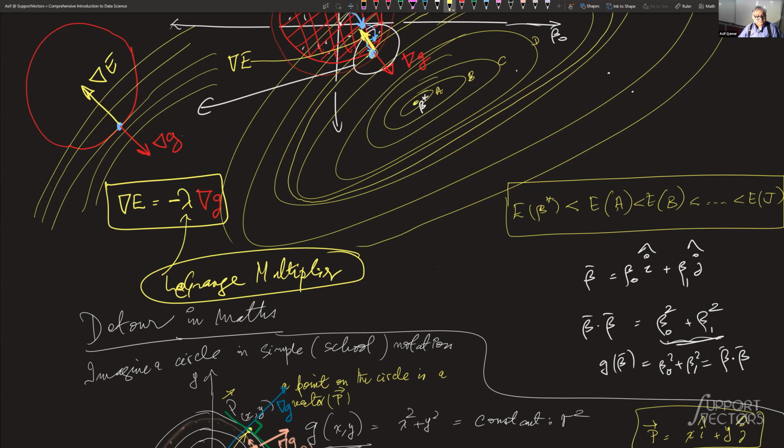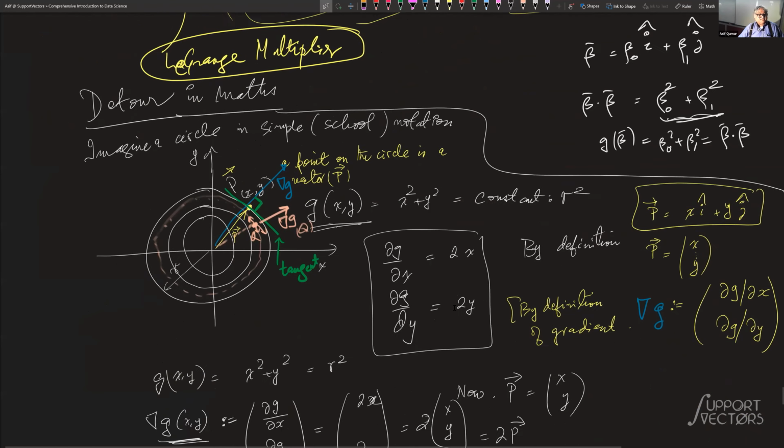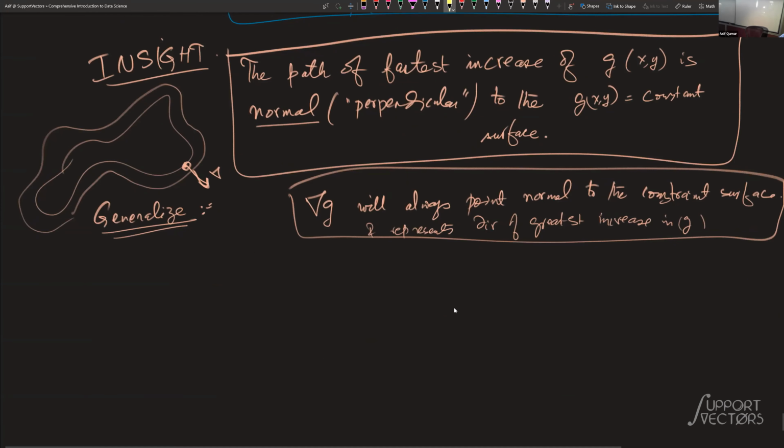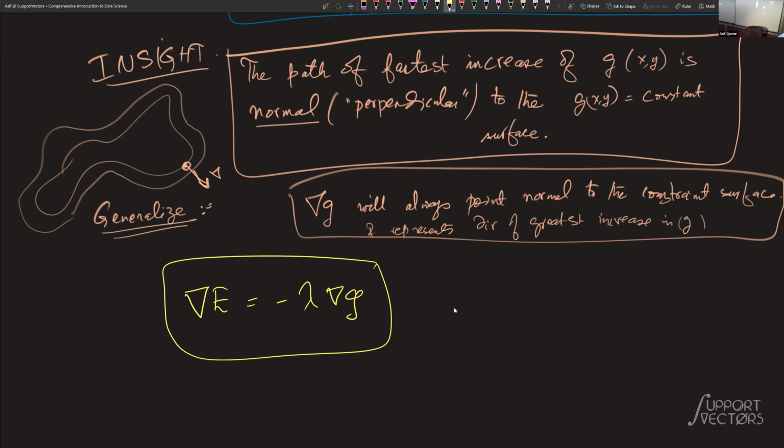And what this equation says, I will rewrite here. The equation we came up with is that the gradient of some function E is equal to minus lambda times the gradient of G. In this particular case I made it very real with respect to this, but it is a general truth in mathematics.